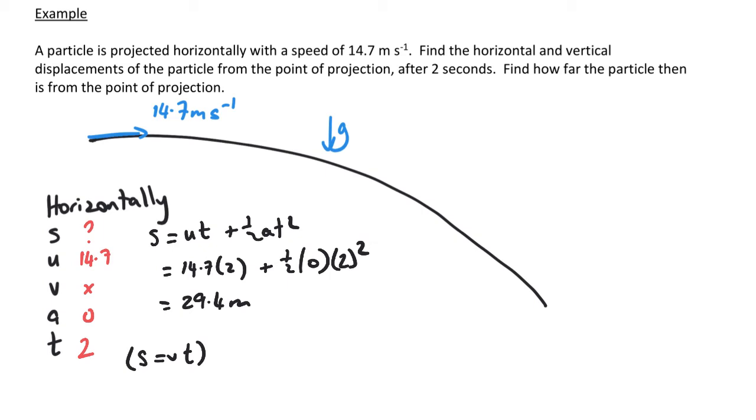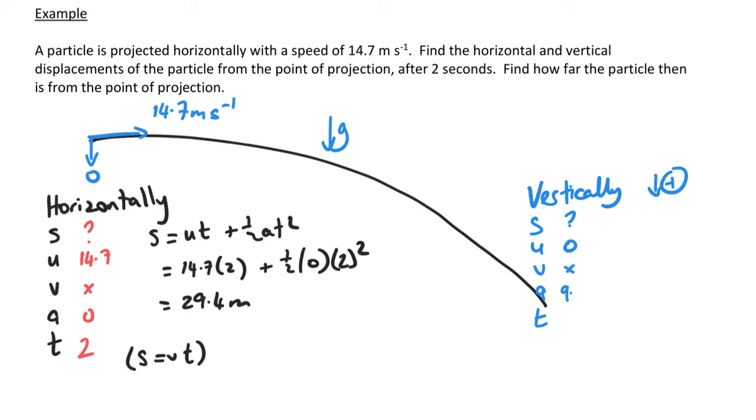So then if we try vertically, the initial velocity here is 0, because it's got no vertical component, and we'll take down as positive. s is what we're interested in. The initial velocity is 0. We don't care about the final velocity.